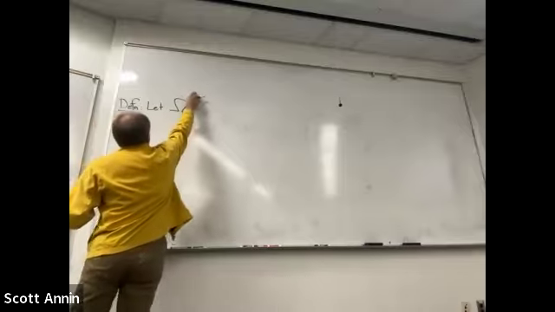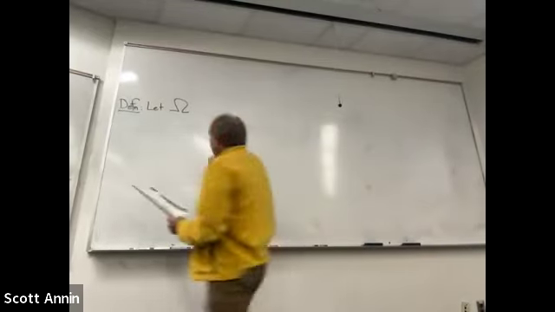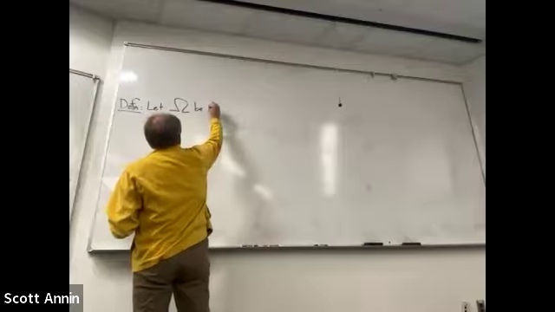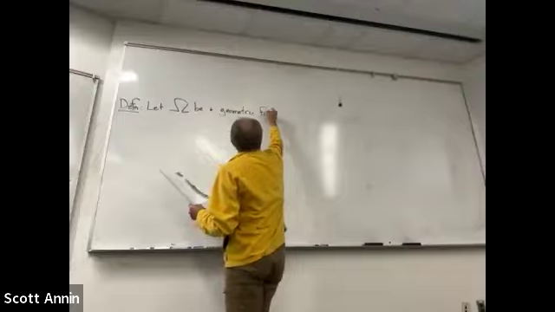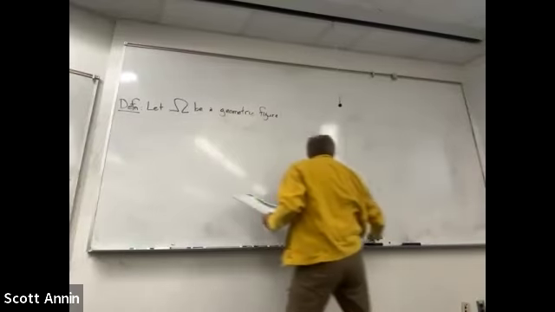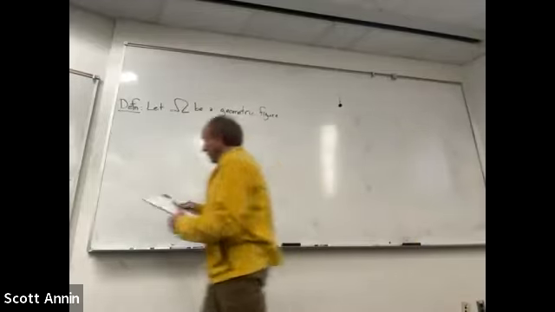The book uses this sort of horseshoe-shaped thing. It's just capital omega. And this is, let omega be a geometric figure. So it is just some figure. It could be the square, like what we just have been looking at in the last example, or it could be something else.